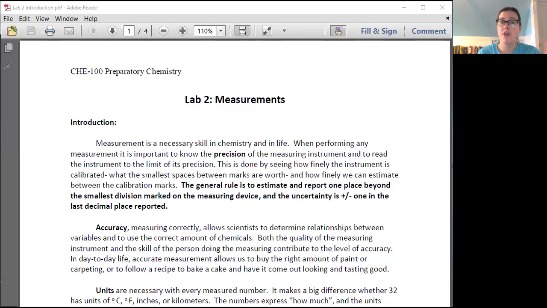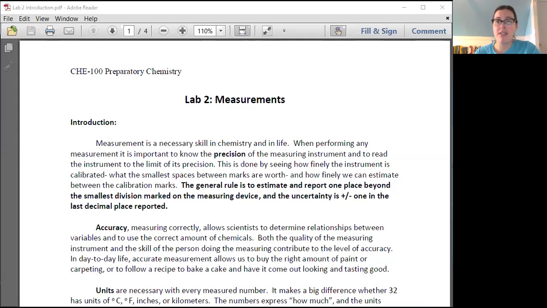So we're ideally looking for both precise and accurate readings when we're in the lab. So precision: are you reading to the correct number of significant figures? Accuracy: are you getting a number that is relatively close to what the value should be?